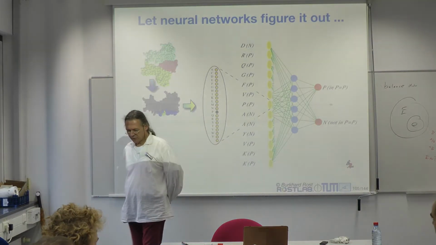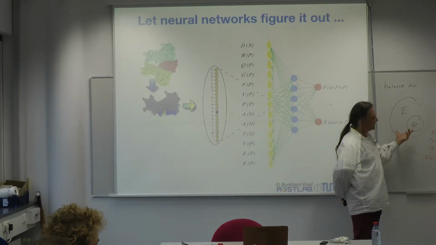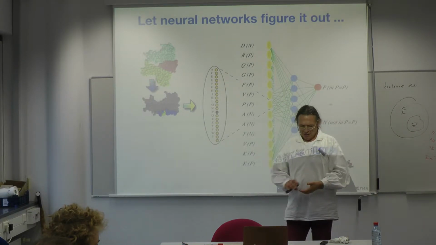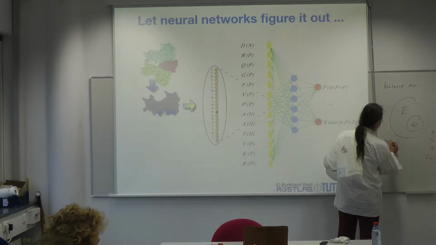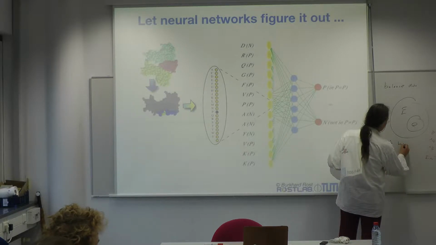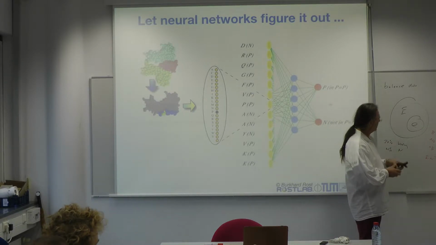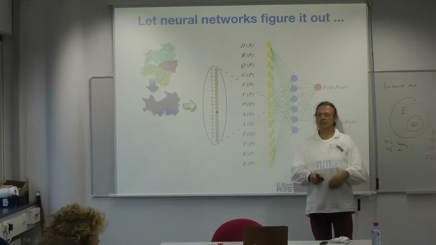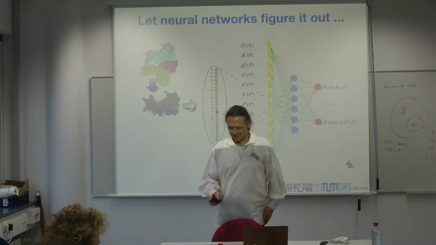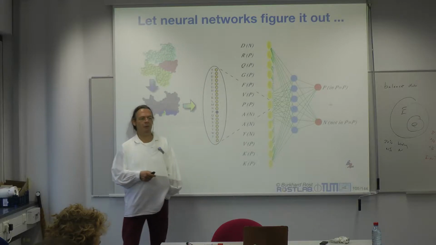So again, for those of you who didn't understand that point of Franziska, what by balancing she means, say in the case of my protein binding sites, say 20% of my residues are binding, so 80% are non-binding. So what Franziska means is that I have to make sure that on average for the training set and for the testing set, these numbers are roughly the same. And again, I'll get back to that later. I just want to explain that point.